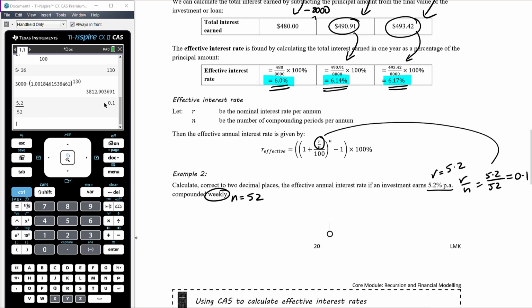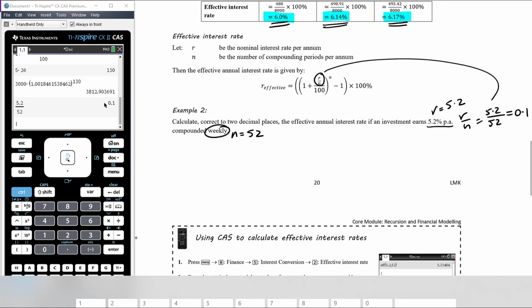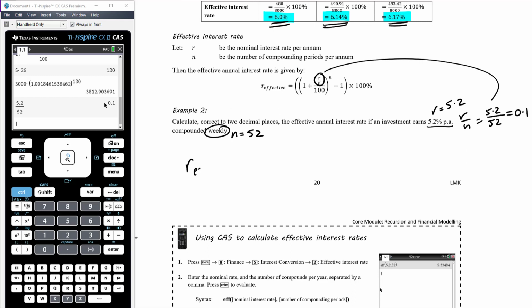So in terms of using this formula then, our effective interest rate, which we can just write as R with a subscript of EFF for effective, is, going with the formula up here, 1 plus R on N, which I've worked out here, that's 0.1. So it's 0.1 over 100 to the power of N, which is 52, and then take away 1, and then multiply that by 100% to get it as a percentage.